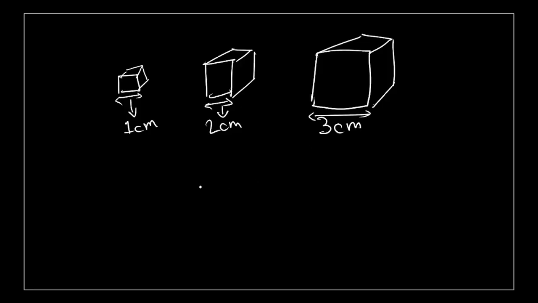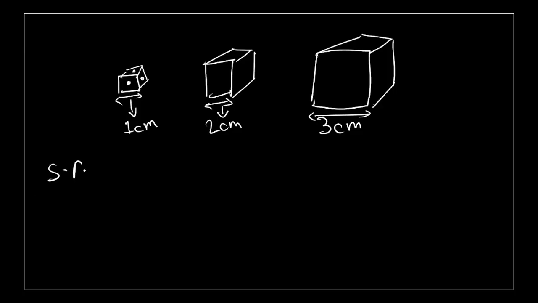Now let's find the surface area of each of them. How do you find surface area? It's pretty easy. You find the surface area of one side, then the upper side, and then the face next to it, and then multiply by 2.